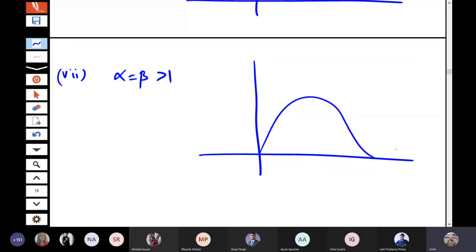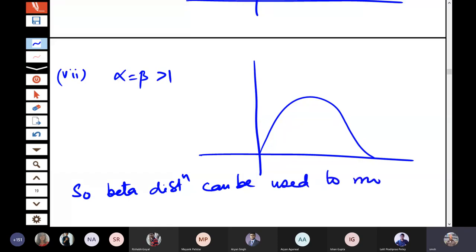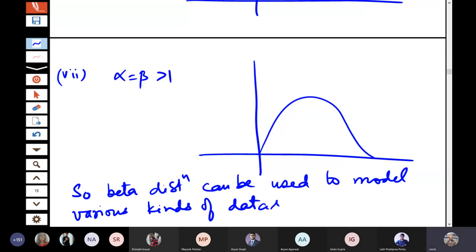Okay. So you can have various shapes. So we can say that the beta distribution can be used to model various kinds of data sets. So it is one of the very useful distributions in probability theory.